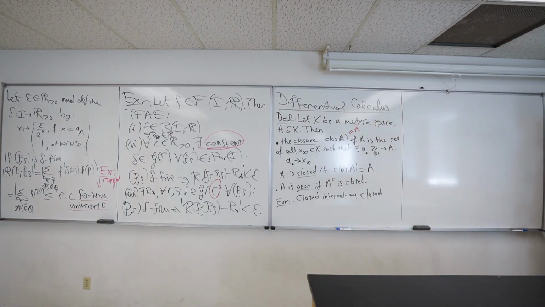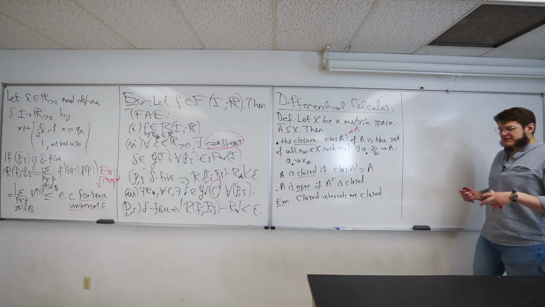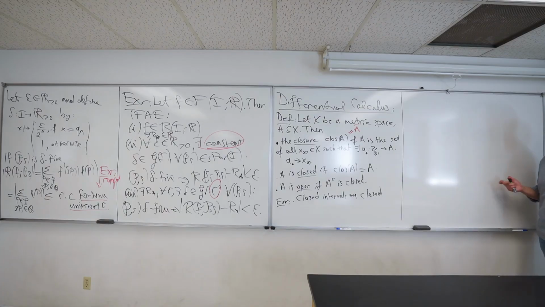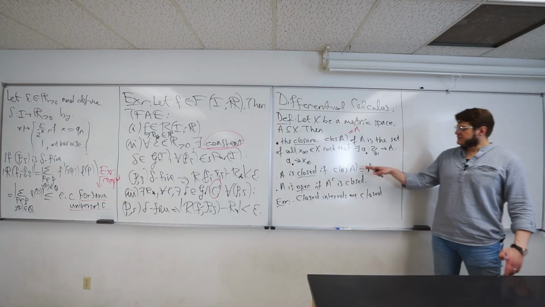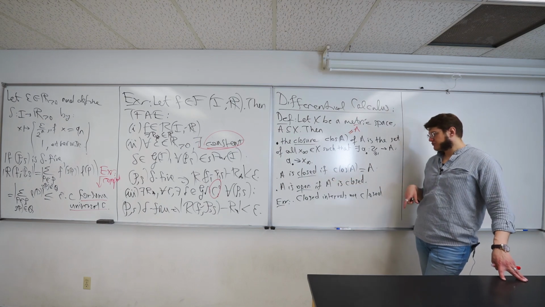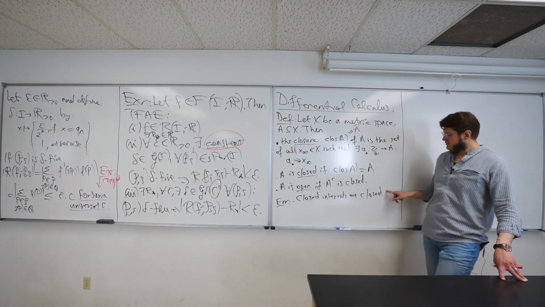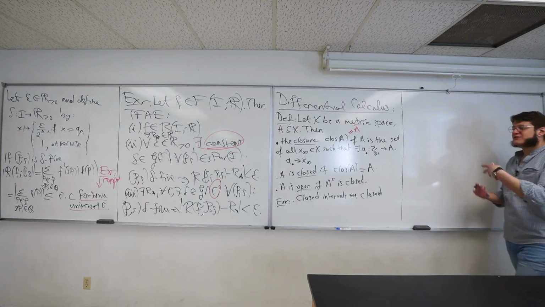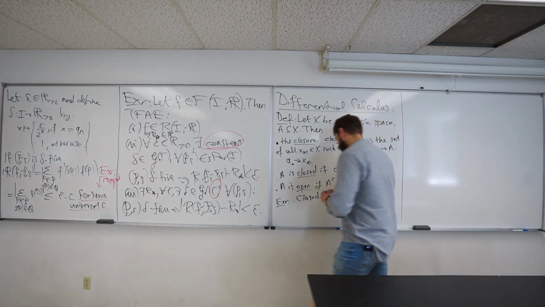Okay? So you should think of the closure of a set to be the set of all those points that are well approximable using points in A. You call A closed if it's equal to its closure, and you call A open if its complement is closed. And the nice exercise for this is closed intervals are closed in this sense, and open intervals are open in this sense.